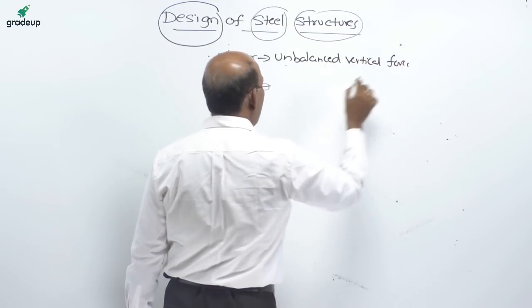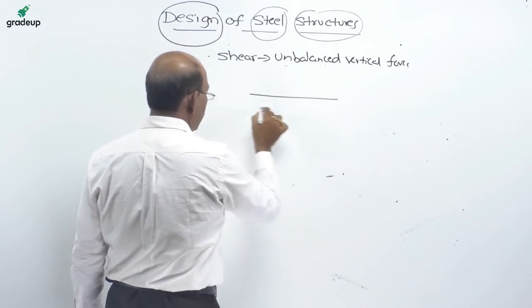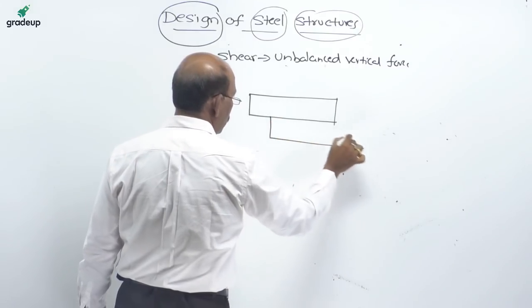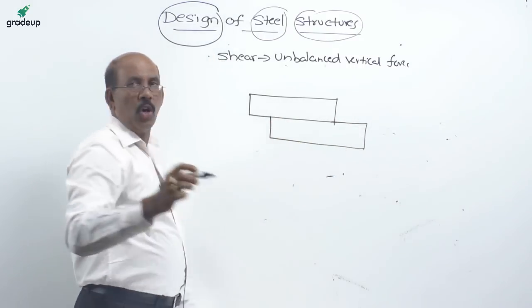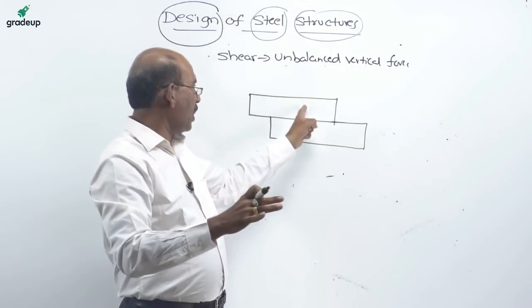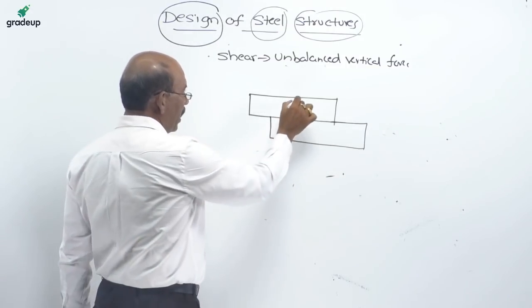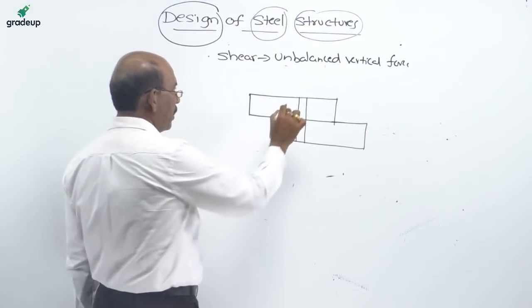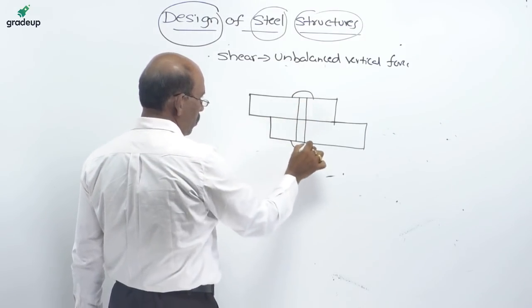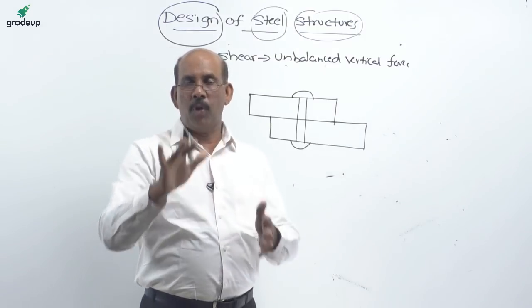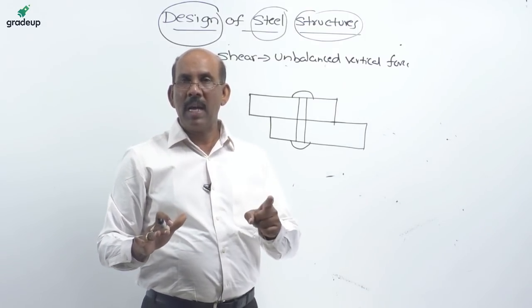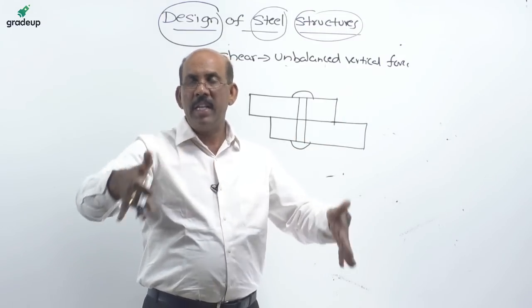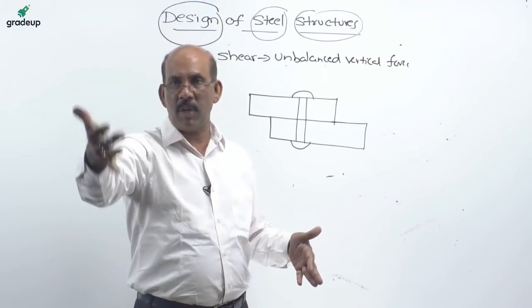So coming to the shear failure, suppose we take a connection and join two plates, plate 1 and plate 2, and provide a rivet here. Due to this unbalanced vertical force, shear is introduced into the beam or any section because of the variation of the bending moment.